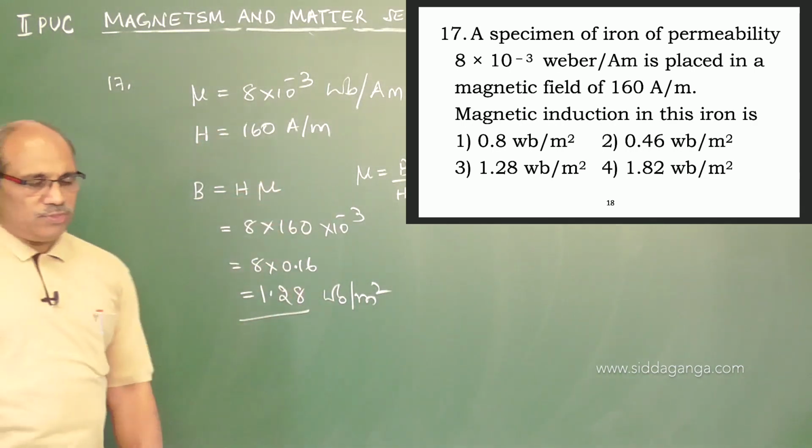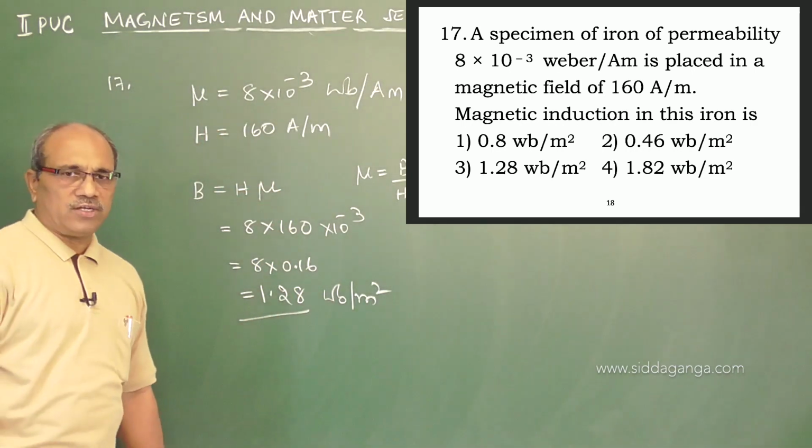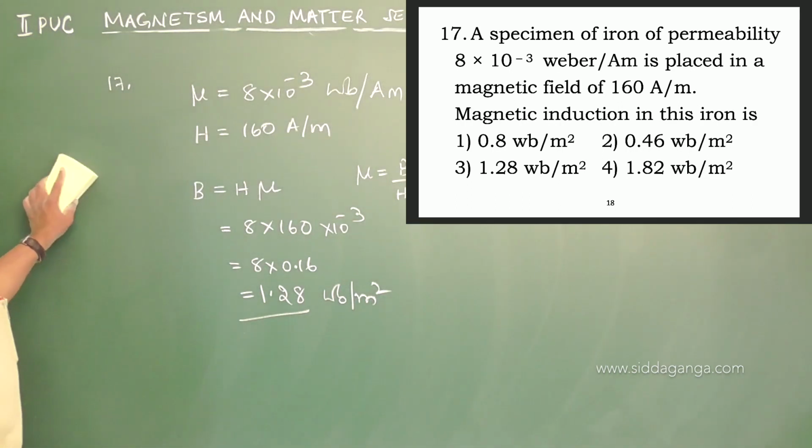The relation mu equal to B by H is used to calculate the answer. Option number 3.